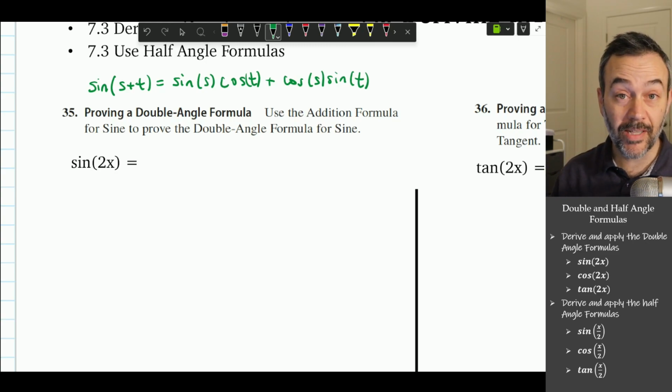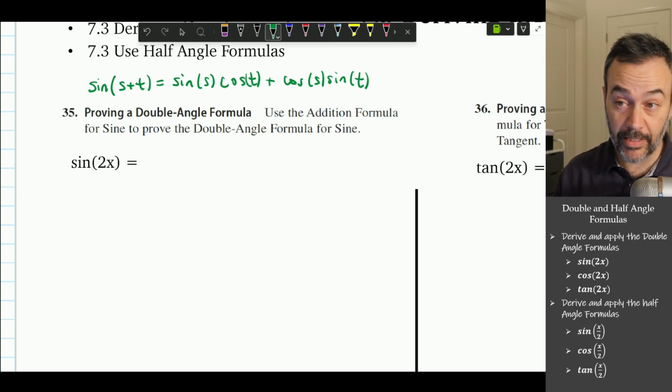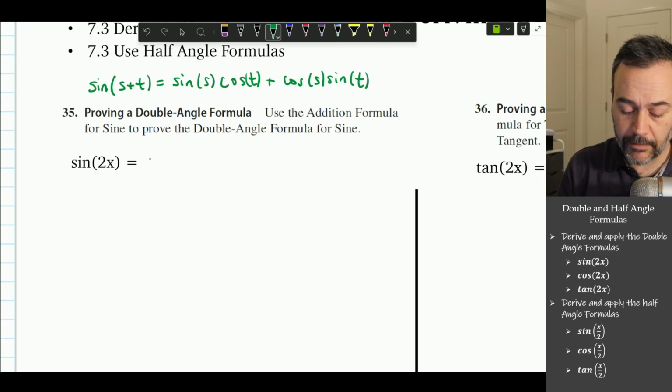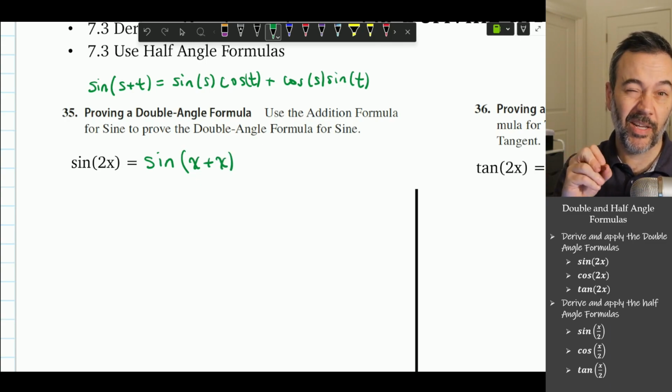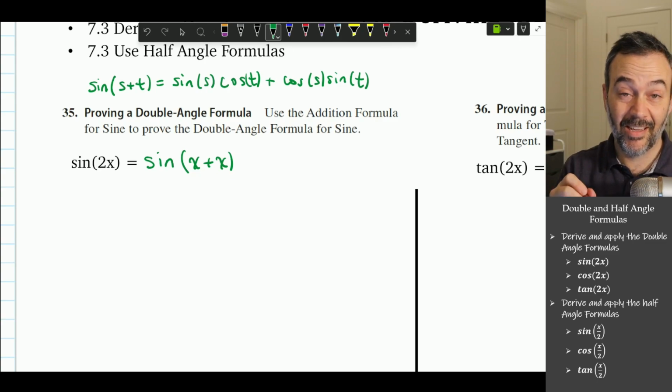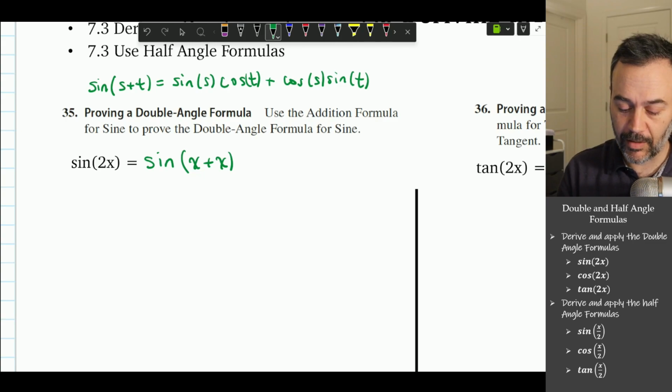We can use that to derive the double angle formula very easily. And the way we do it is the following. If we want sine of 2x, well, sine of 2x is just sine of x plus x. And so we can apply the angle sum formula with x being the same angle for both of them.